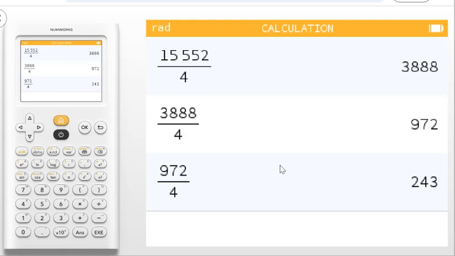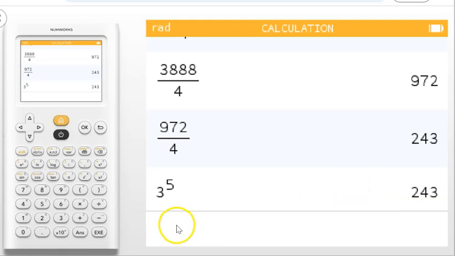243. 243 is 3 to the 5th power. So remember that? We just divided by 4 3 times. So that's 4 to the 3rd power. That means multiply by 4 to the 3rd power. And 243 is 3 to the 5th power. Just a reminder, let's do 3 to the 5th power, and sure enough, 243.